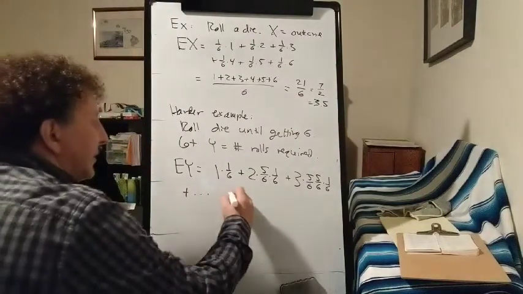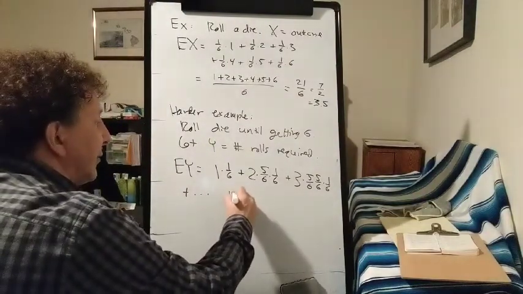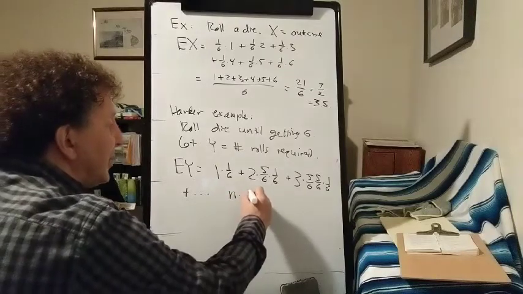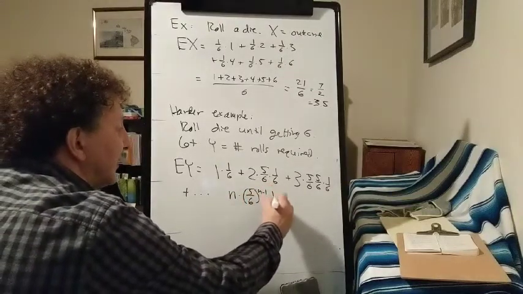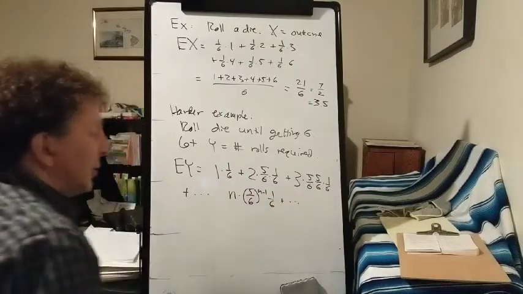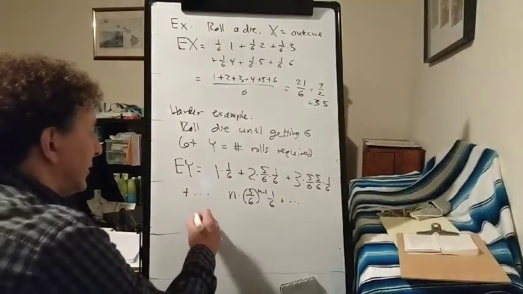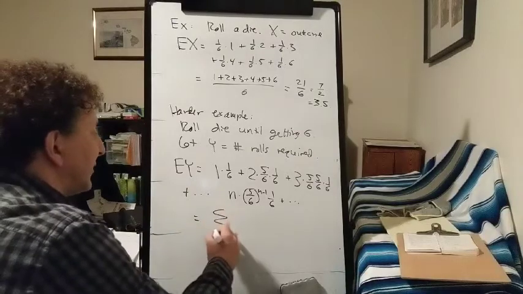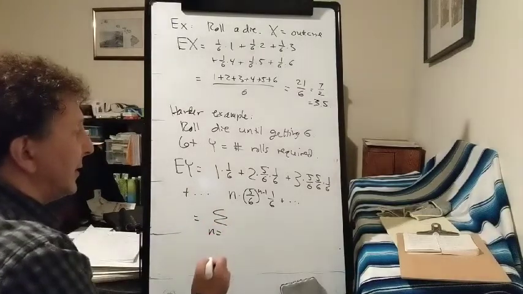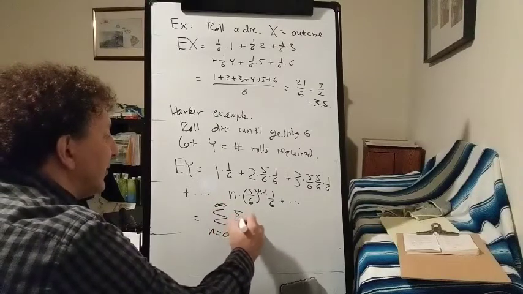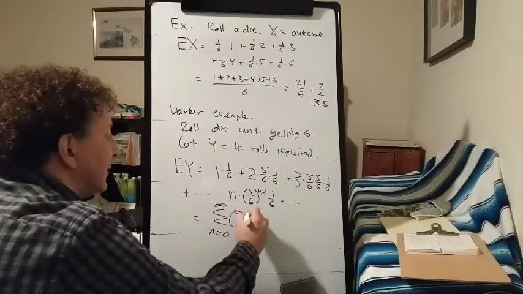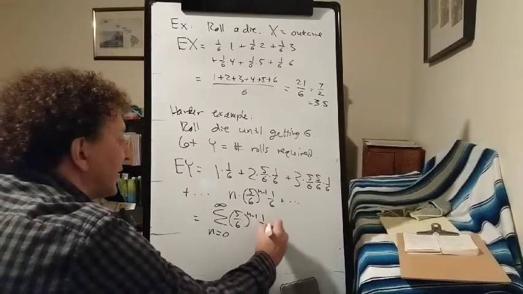And I guess it will take n rolls with probability we're going to fail n minus 1 times and then succeed once. So in other words, this is the sum as n goes from 1 to infinity of (5/6) to the n minus 1 times 1/6 times n.